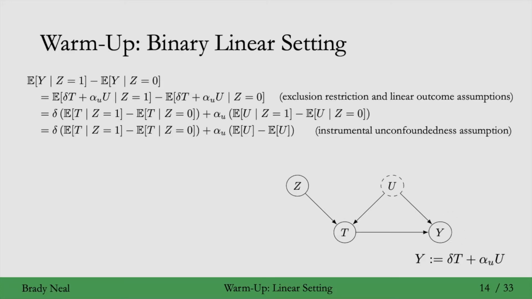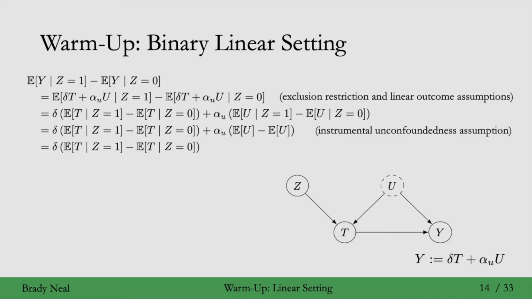So because of that independence between u and z, we could just remove the z that was behind the conditioning bar in the conditional expectation for u. Then expected value of u minus expected value of u is 0, so we can just remove that term.